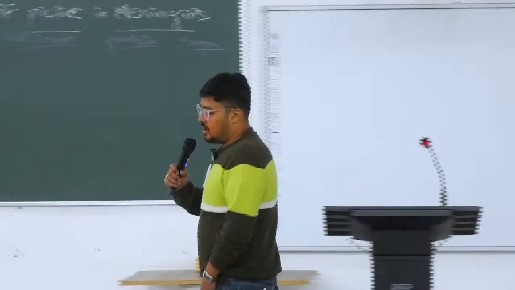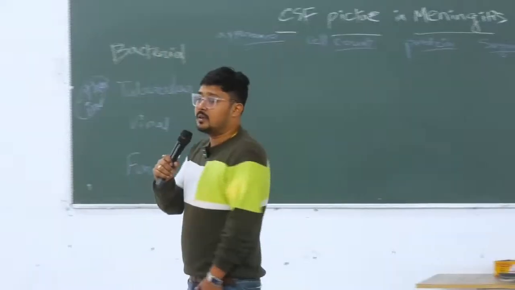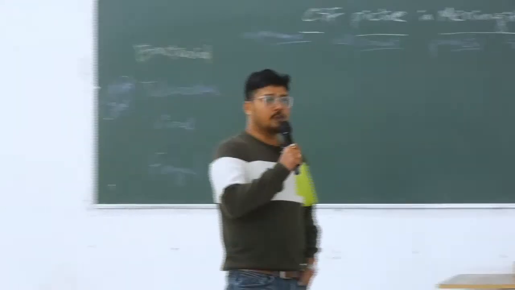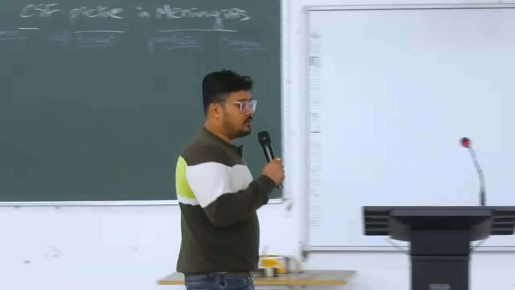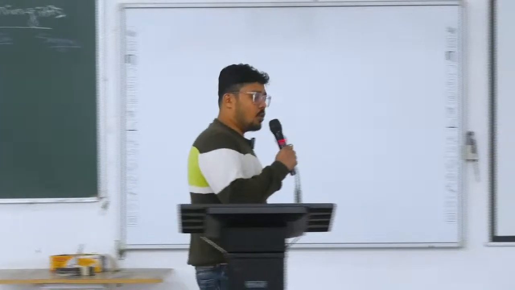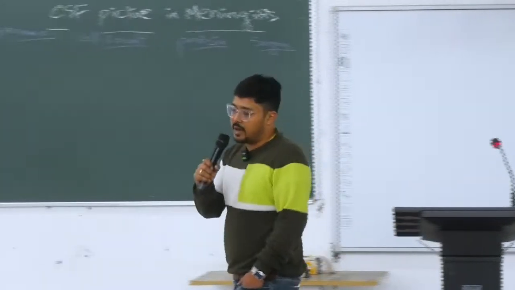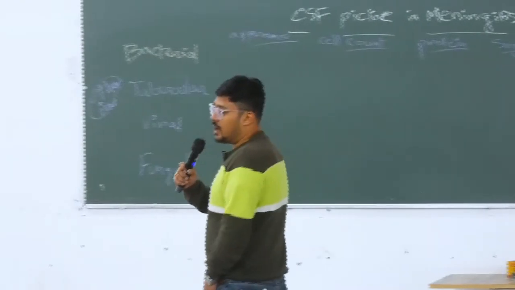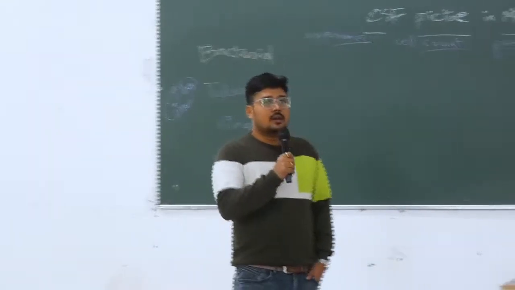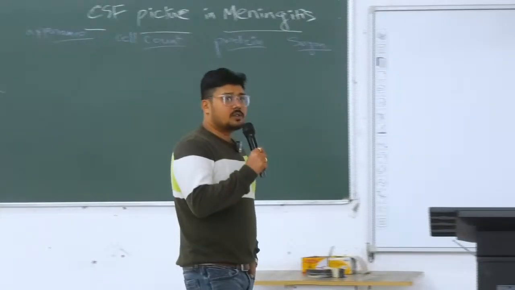So, as a function of blood-brain barrier, cerebrospinal fluid or CSF has a role of giving nutrition to the brain parenchyma from the blood and draining the toxic metabolite from the brain to the blood.